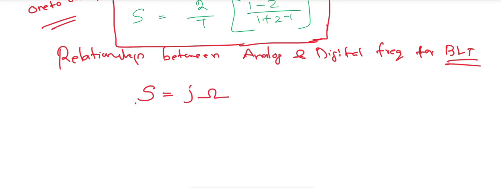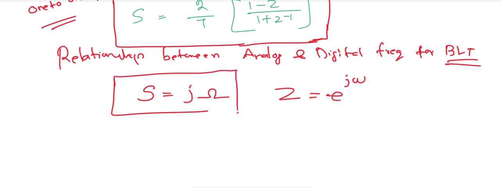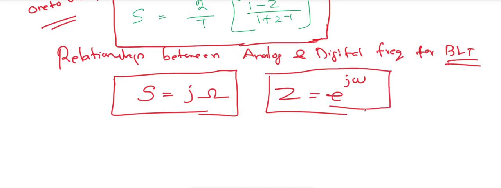The j omega points on the imaginary axis will be mapped to the Z plane on the unit circle, that is Z equal to e power j omega. So this analog frequency imaginary axis is mapped into the unit circle of the Z plane at Z equal to e power j omega.